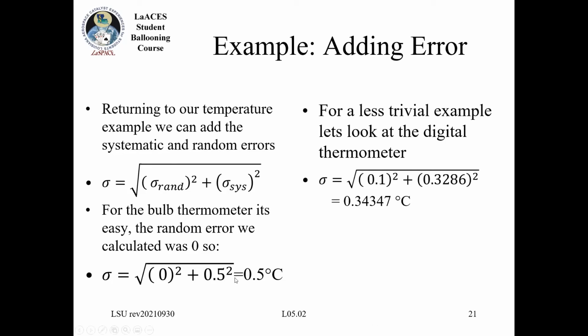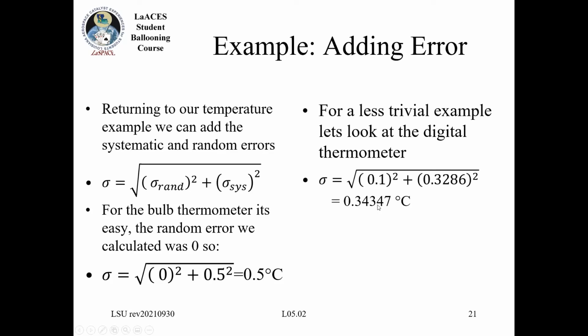If I do that, I will see that it is 0.5 C. But if I take the example with the digital thermometer, where the systematic error is 0.1, and I add that to my random error, which is actually larger and significant now, I'll get a total error of almost 0.35 C.